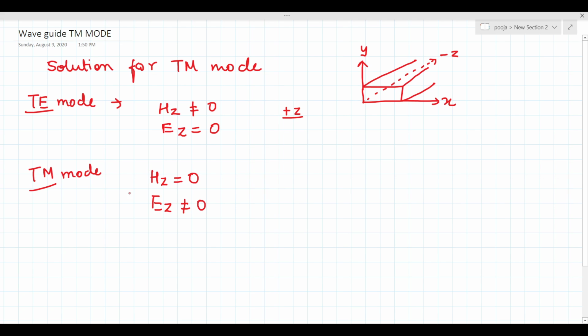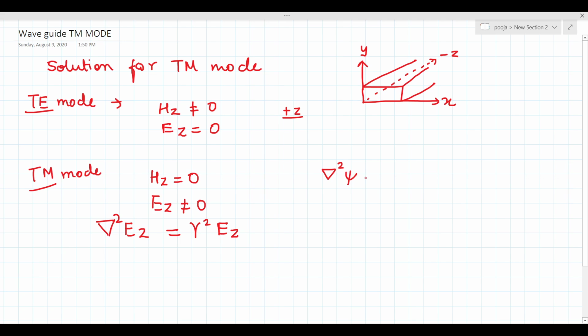So how do we solve this TE or TM mode? We'll start with the wave equation. The wave equation solution will be del square Ez is equal to gamma square Ez. We already obtained the solution of wave equation in our first lecture.